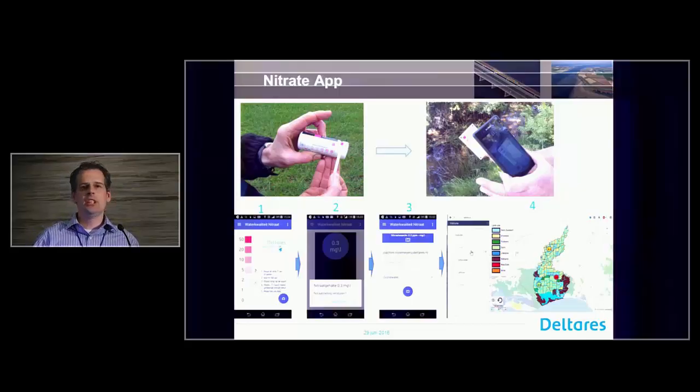A big advantage is that we can also share the results immediately. We can send the results and put them in a data viewer on the internet. This is meant to let farmers participate in the water quality monitoring, so that they get a feel themselves for when and where they are losing their nutrients, because they don't have an idea, of course.